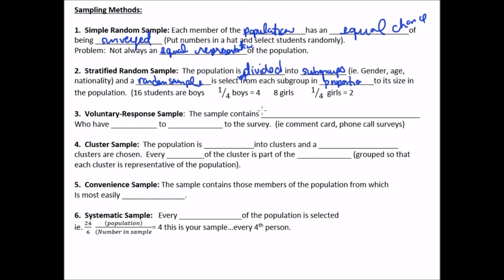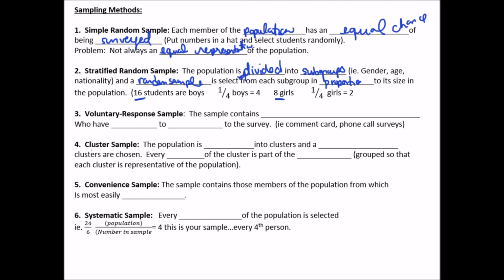For example, if 16 students are boys and 8 are girls, and you want to sample a quarter of the population, you would take a quarter of the boys, which is 4, but a quarter of the girls is only 2. So you do it in proportion to each of the groups.